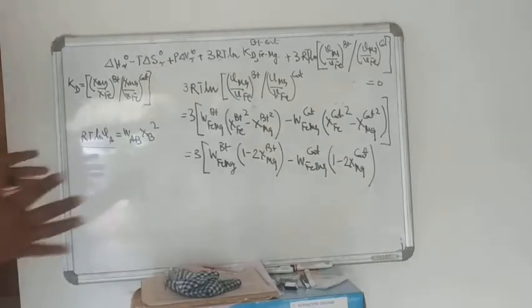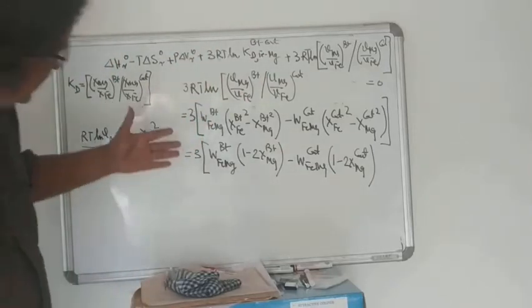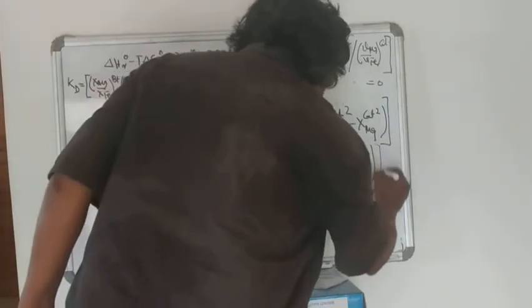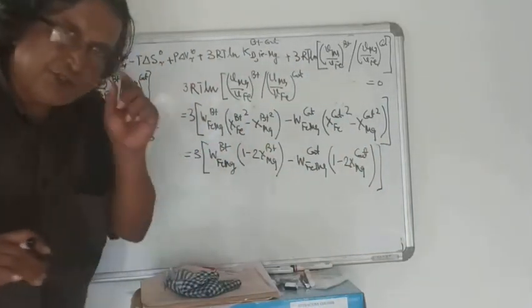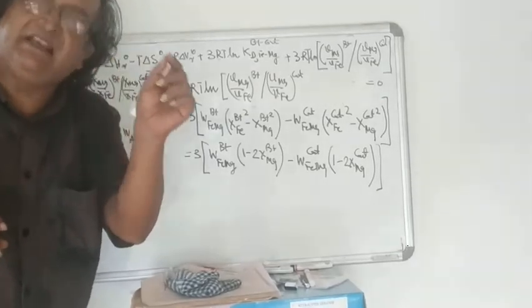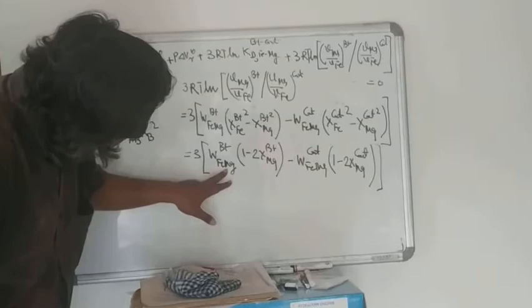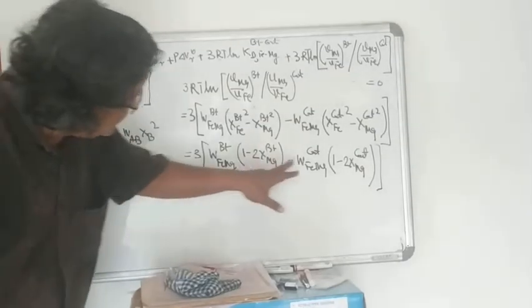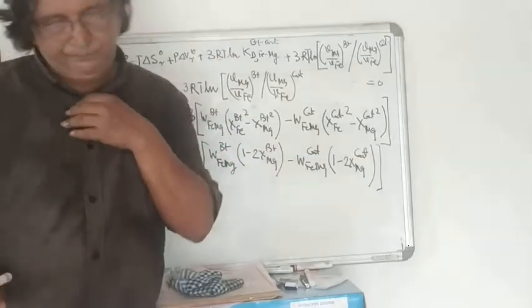When we were talking that the solutions were ideal, a point to note here: if the solutions were individually ideal, as I said before, that means W_FeMg biotite should be equal to 0 and W_FeMg garnet should also be equal to 0.